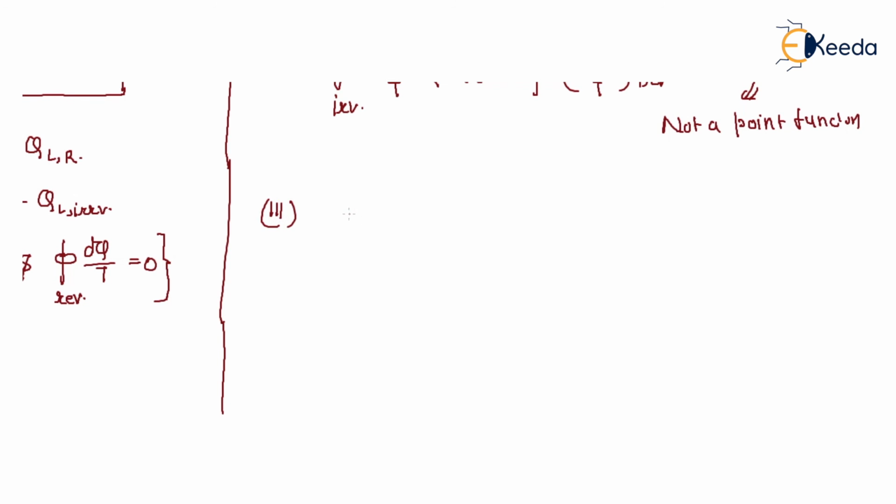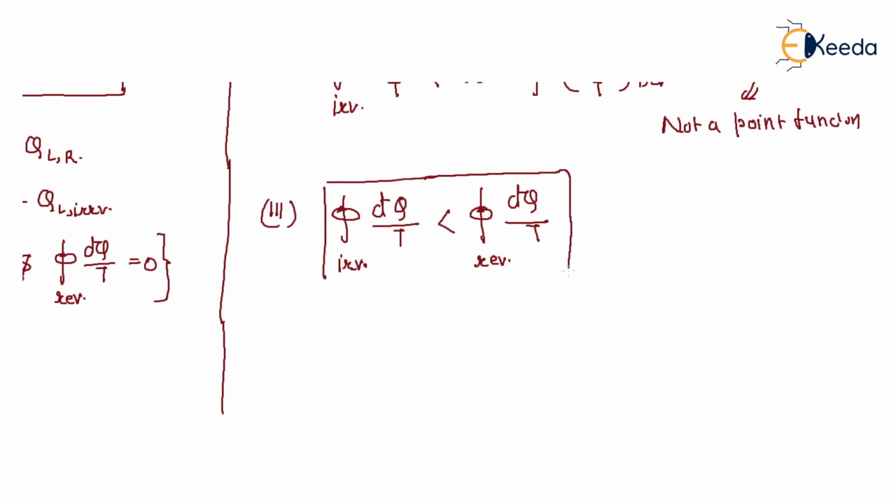What is the Clausius inequality? The cyclic integration dQ by T for an irreversible process is always less than the cyclic integration dQ by T for a reversible process. This is your Clausius inequality, right?